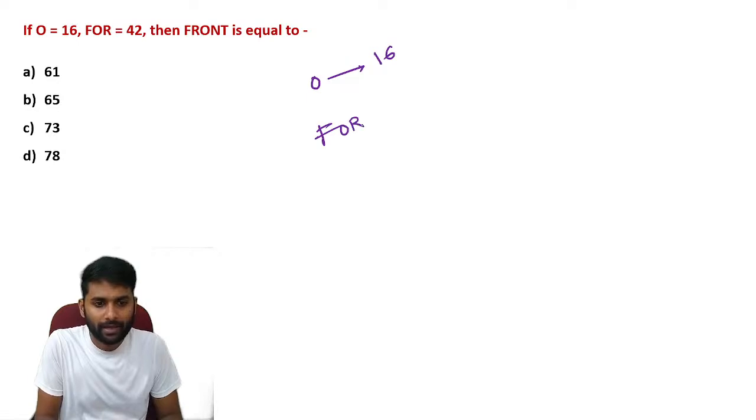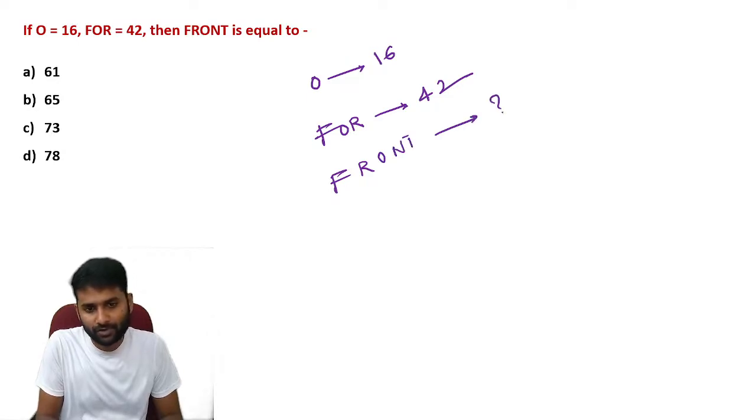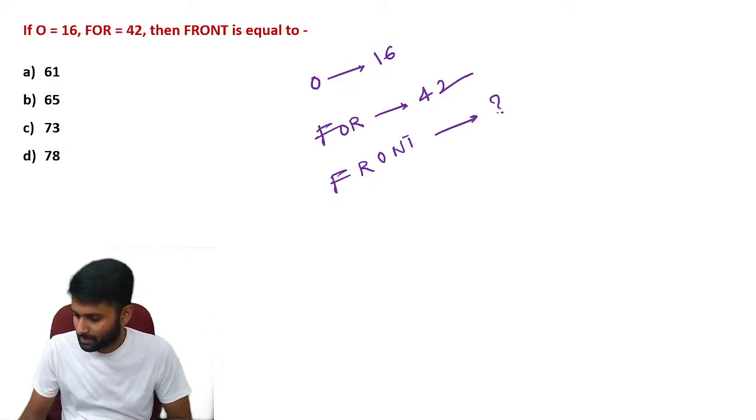FOR is coded with 42. How is FRONT coded? So you have to replace it with which number, according to the same code language?